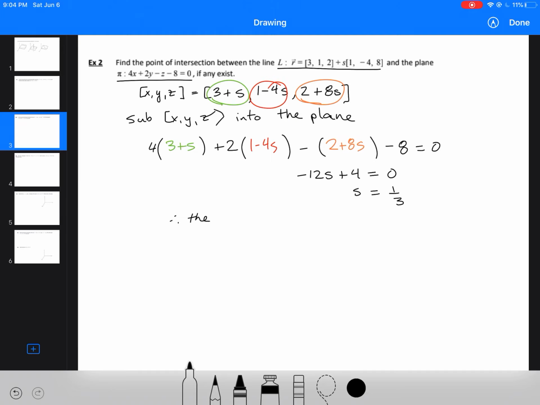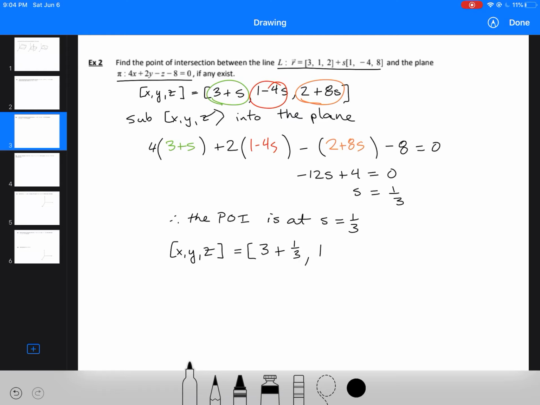So therefore, our point of intersection exists, and it is at s equals 1/3. So in order to find that point, we'll do sort of a shortcut here. We're going to substitute in our parameter, s equals 1/3, into our any point on the line.